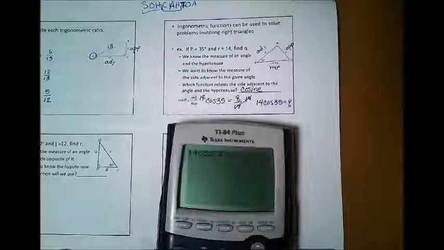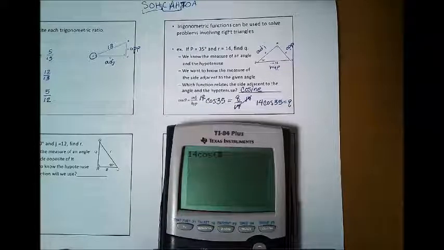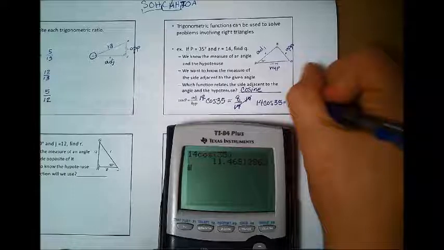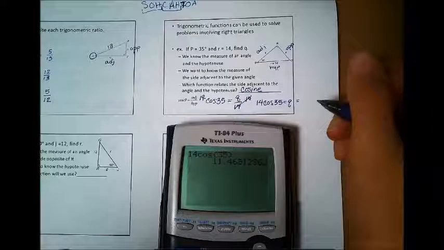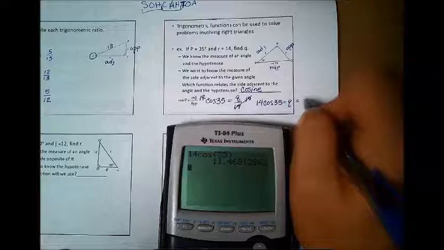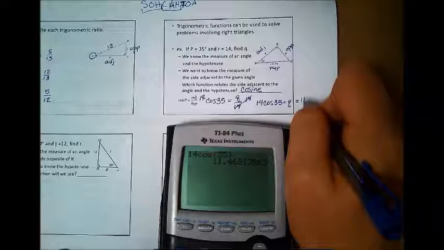So 14 cosine 35. Enter, and we get a big number, which I think Math Excel has you round to the nearest tenth. It doesn't say in our problem, so I'm going to round to the nearest tenth, which would be 11.5.